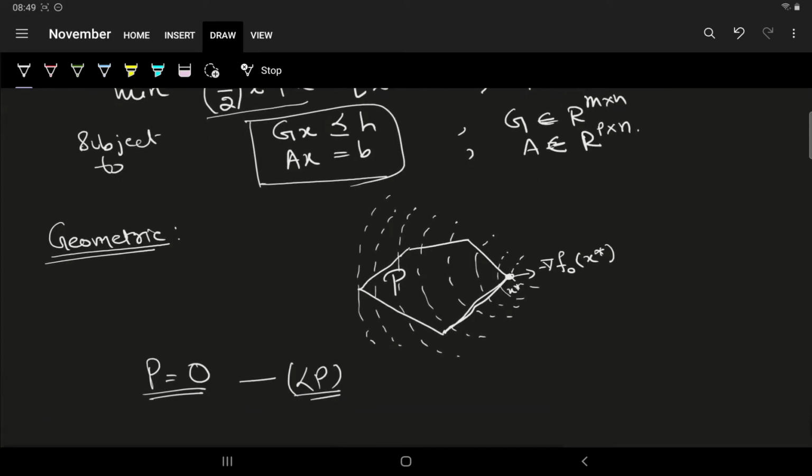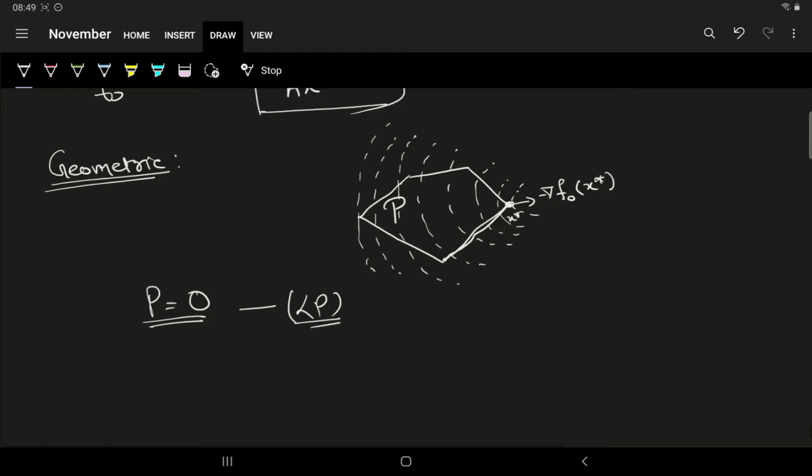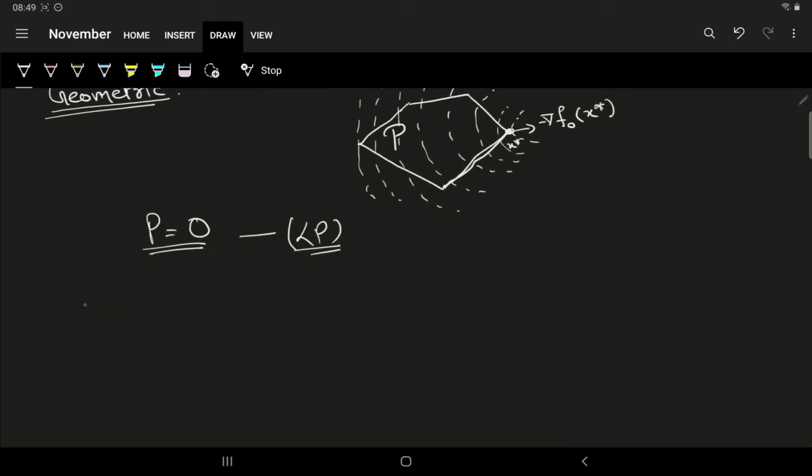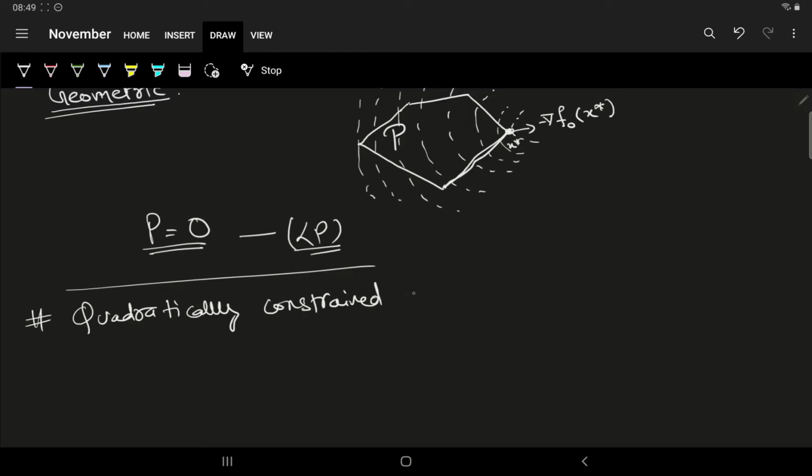Okay, and a more general case will be the quadratically constrained quadratic program.